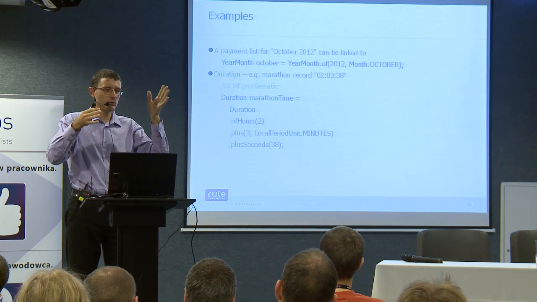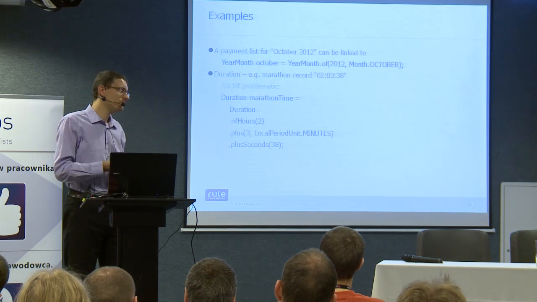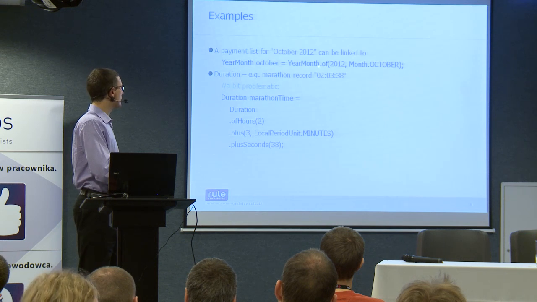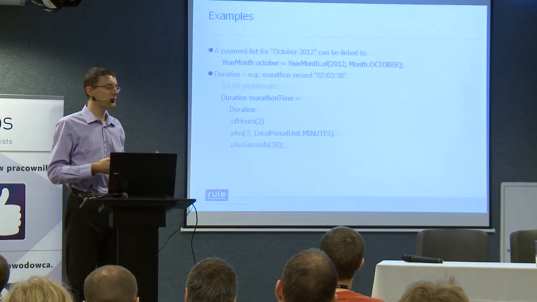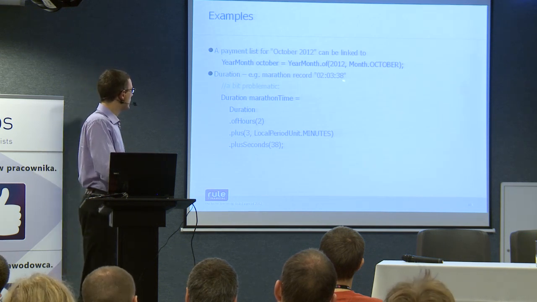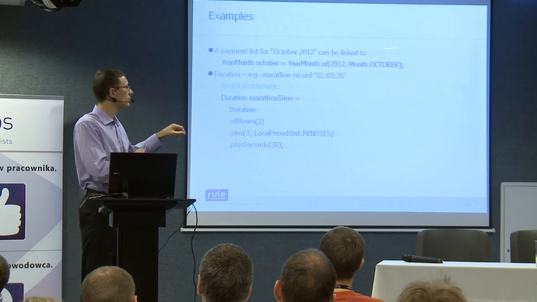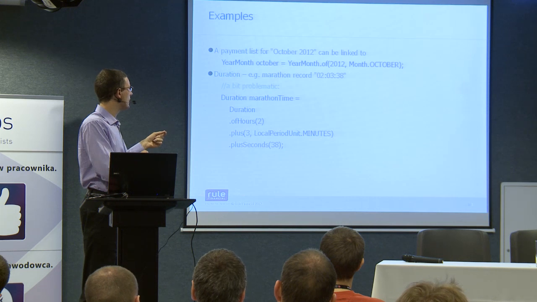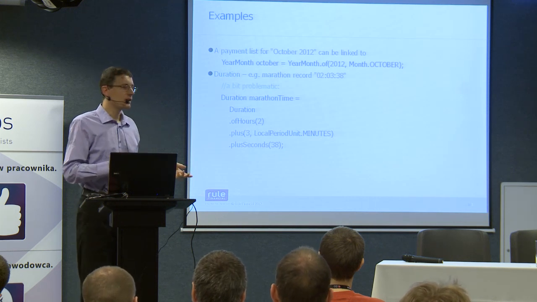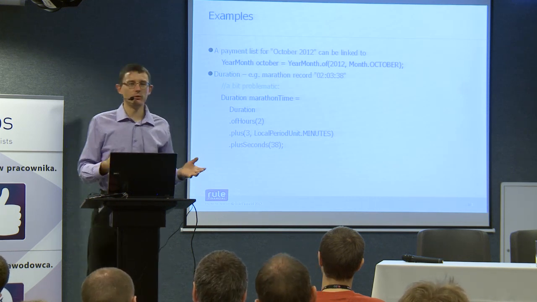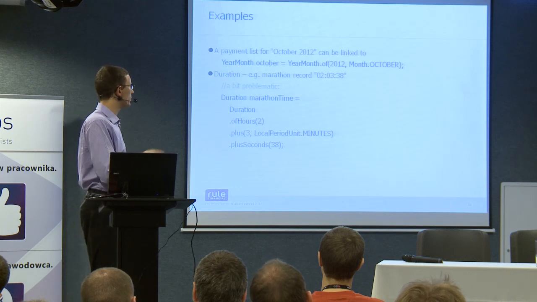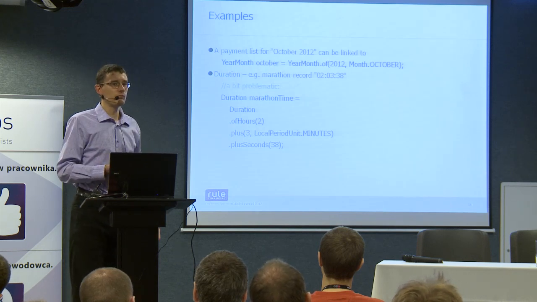It's just the difference between two instants. So it makes sense to treat it as a machine time, as just a number of milliseconds, because if you try to model it this way, keep it internally as 2 hours and 3 minutes and 38 seconds, what would be the added value? What would be the advantage against keeping it as a number of milliseconds?